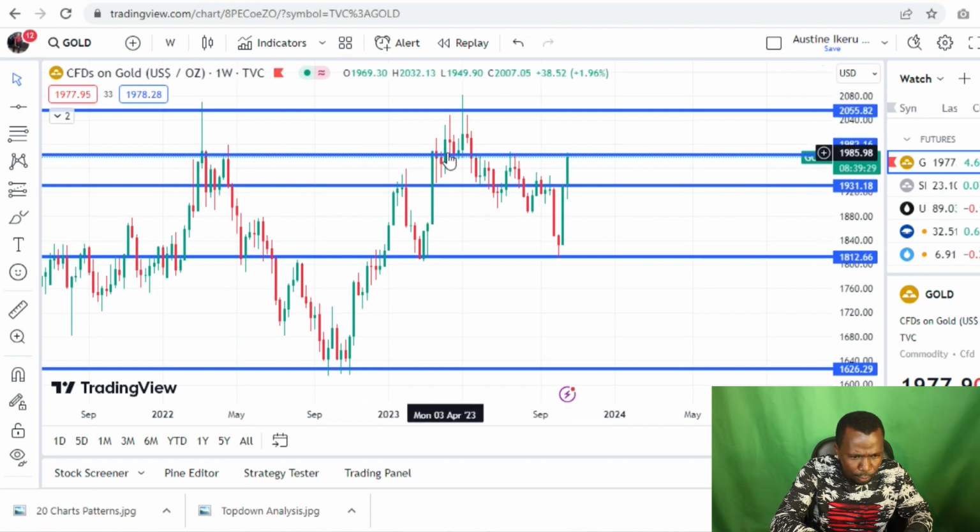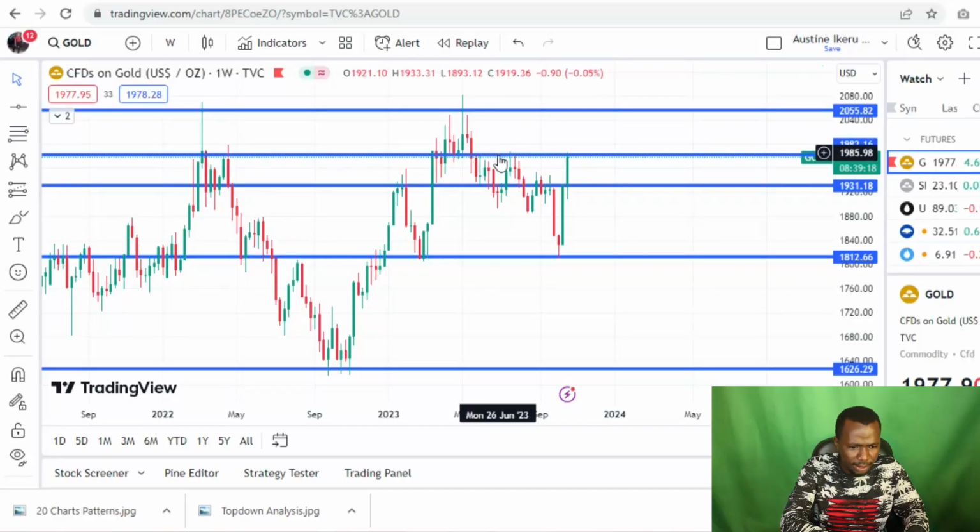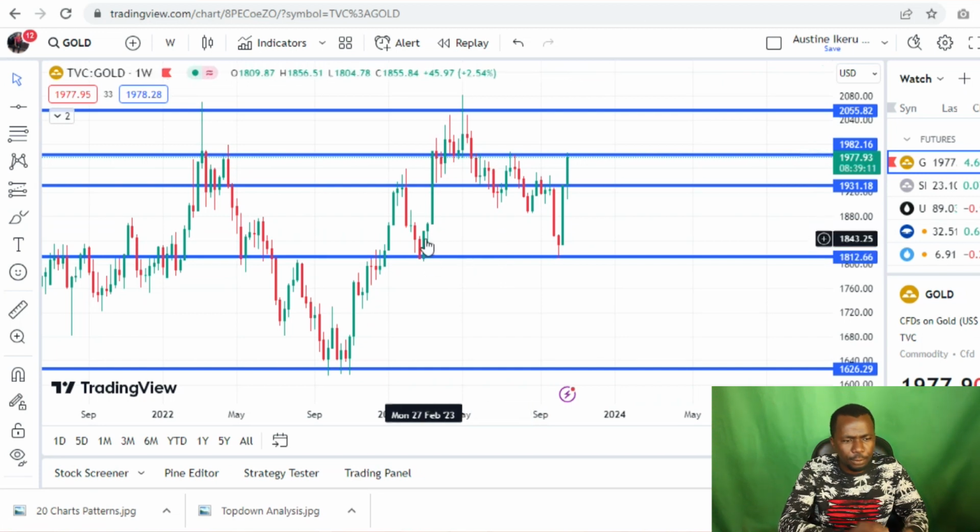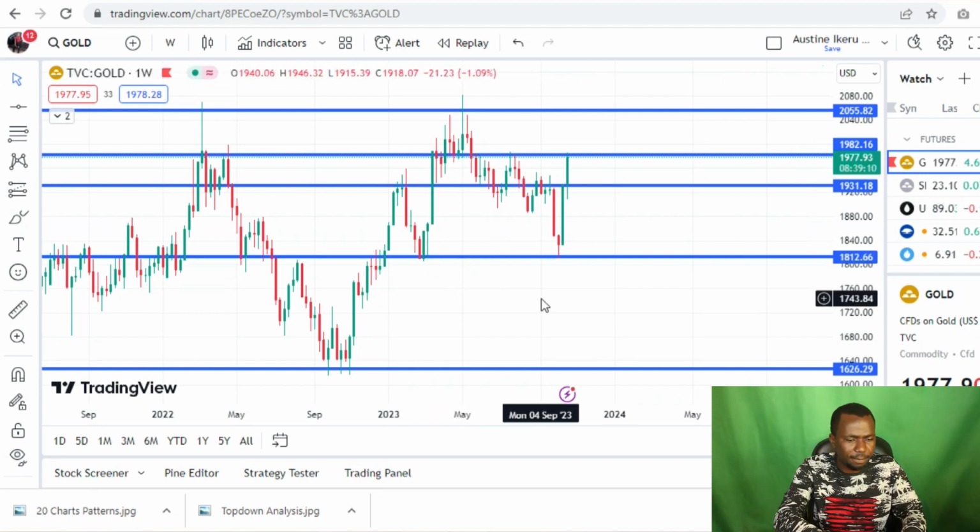So we have 1, 2, 3, 4, 5. So we have gotten the key levels for the weekly time frame, which is this, and this, and this and this. So we can now move to the daily time frame.